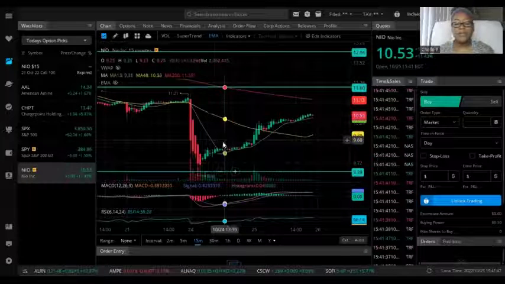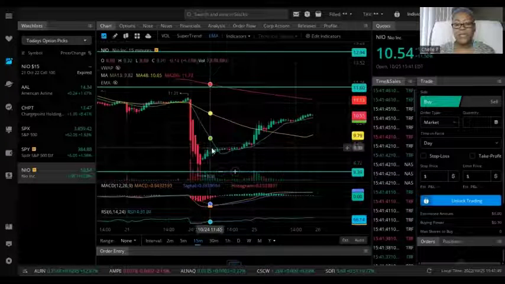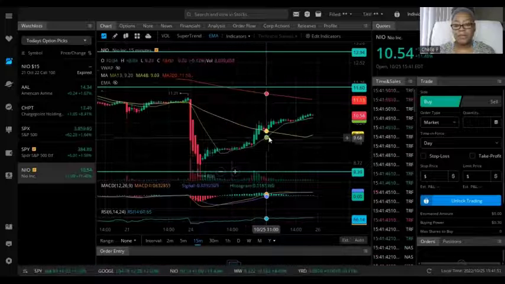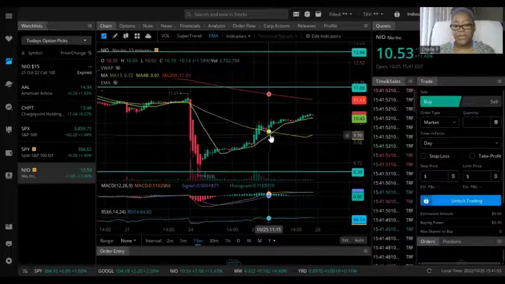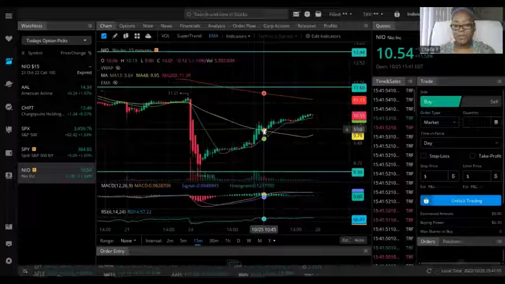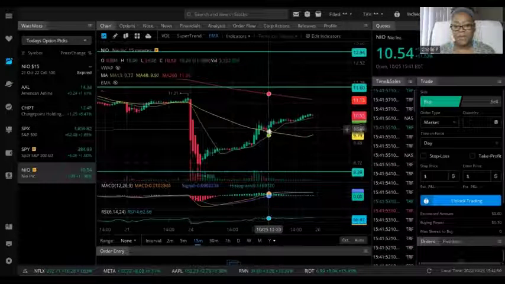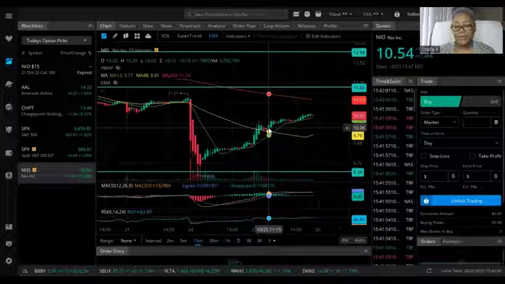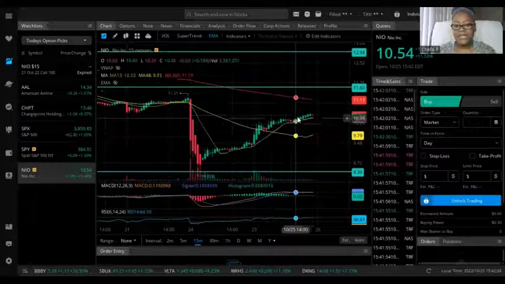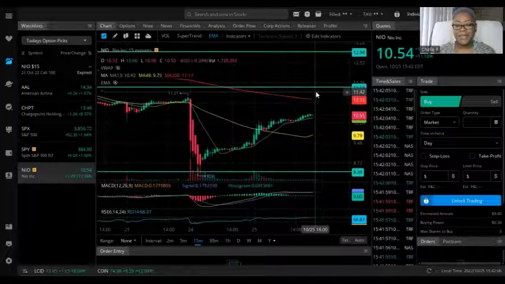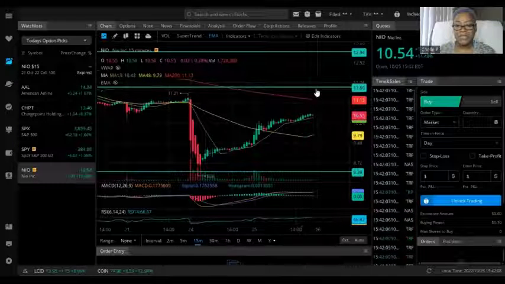Now, the idea with the moving average is to go in and when you see a crossover, like it crossed right here, most people got in when this crossover took place, most likely on this candle. And they usually will stay in until it hits a resistance point. That's what this line is.